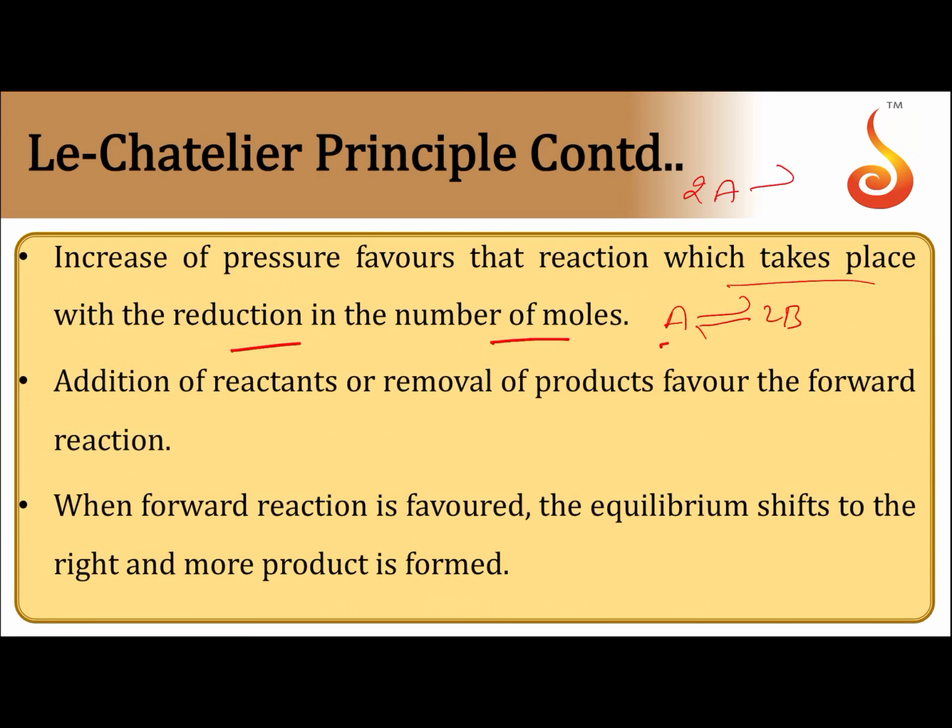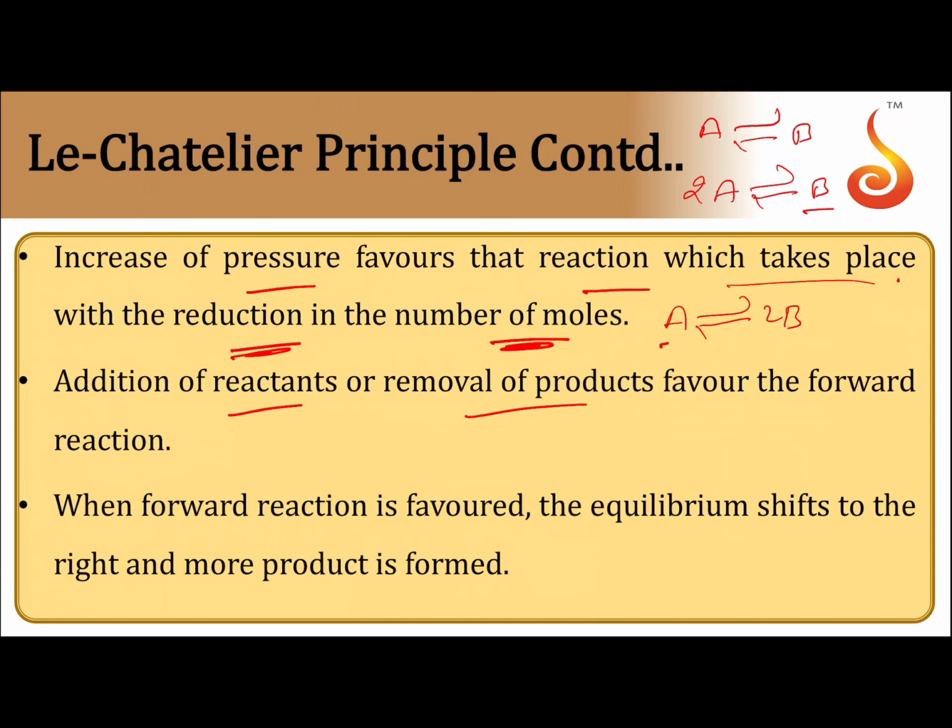Suppose you have 2A giving B: when pressure is increased, it moves in the forward direction, because there are fewer moles in the forward direction. For a reaction like A giving B, both gases, pressure will not have any effect. So wherever the number of moles is less, the reaction moves in that direction when pressure is increased.